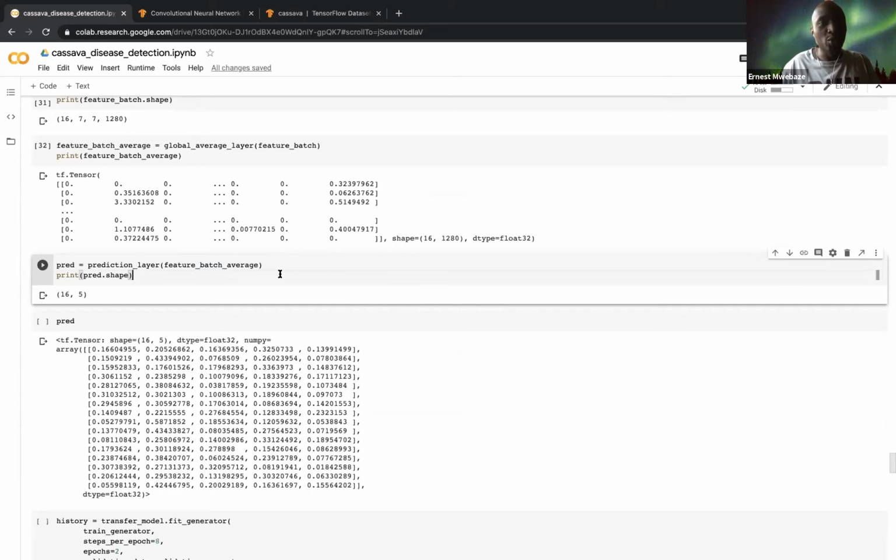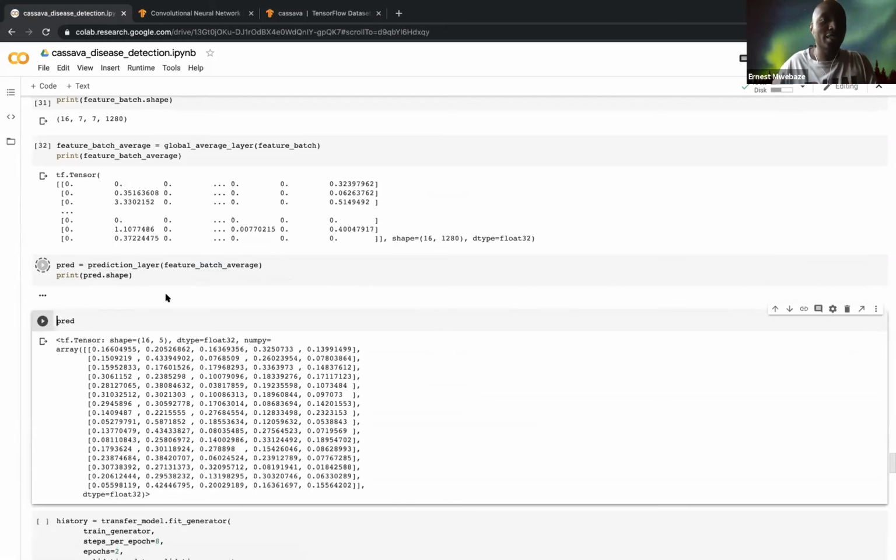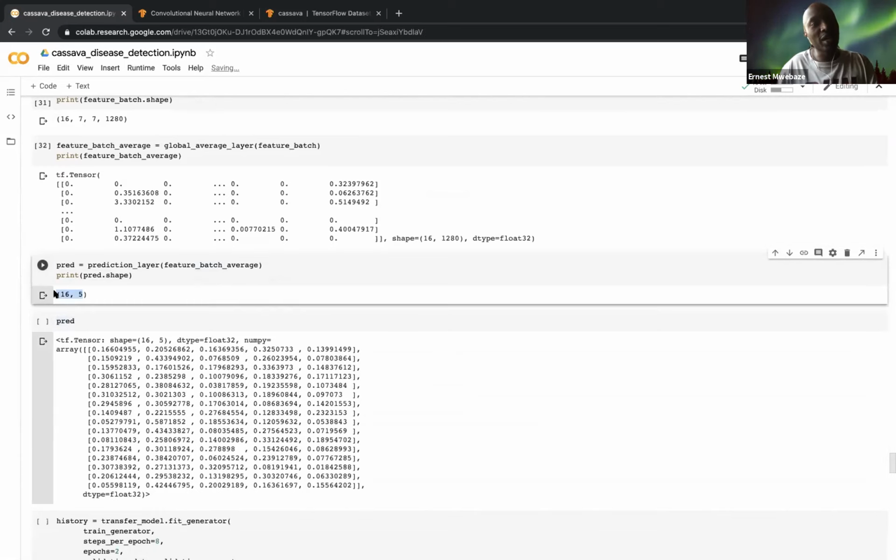And so we can use our prediction layer. In this case, if we predict, we'll get a softmax output. And so this basically is softmax output of 16 batches. So a batch of 16, so 16 images by 5.